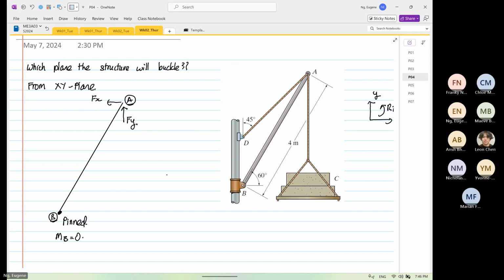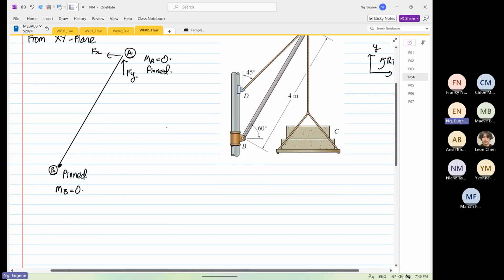Okay, right? But there's no resistance in what? Moment at point A is equal to what? 0. Okay. So when this is the case, the top is also what? Pin. Okay.